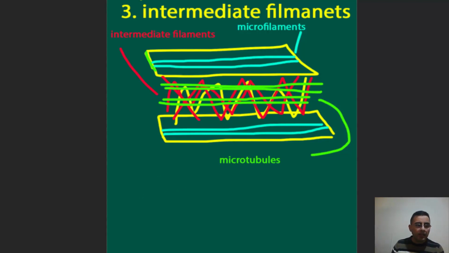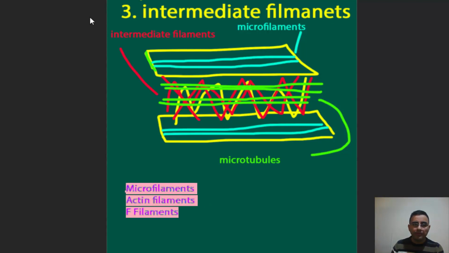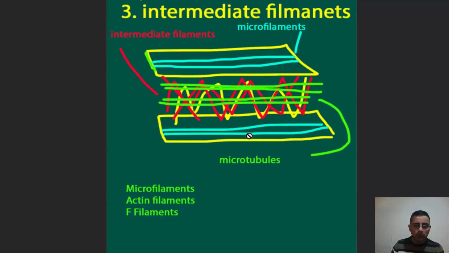Microfilaments, actin filaments, and F filaments are synonyms. These three are synonyms. Let's color it in blue.